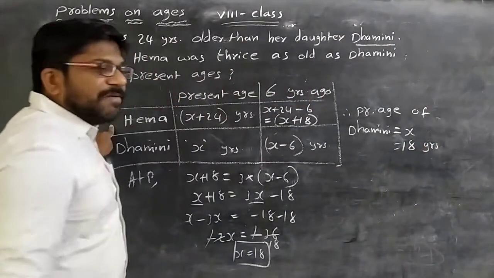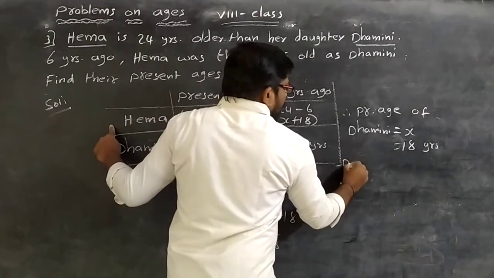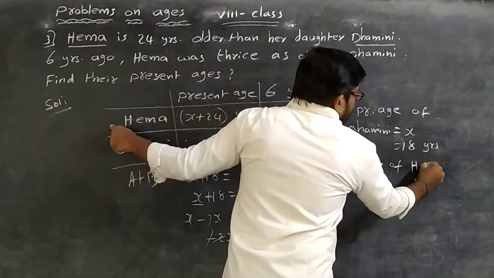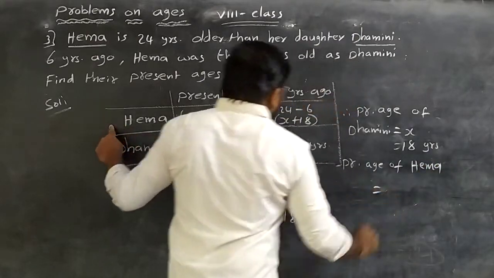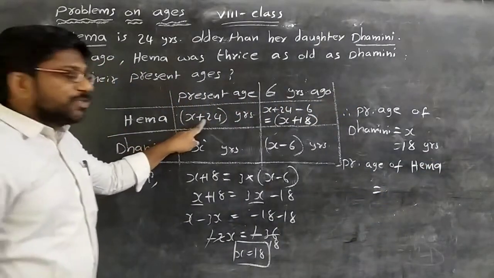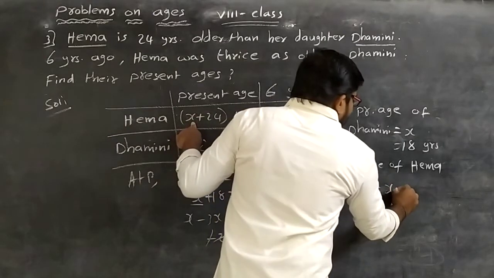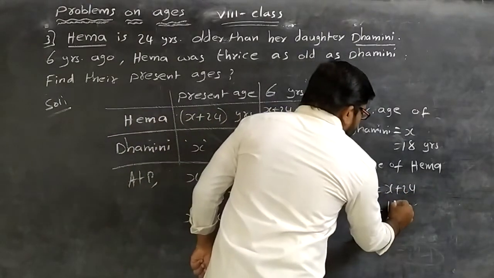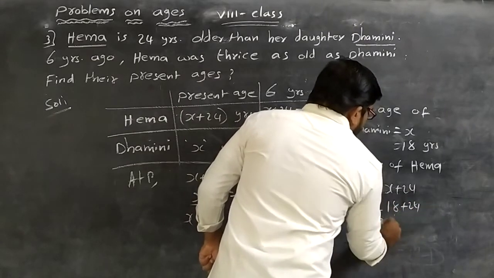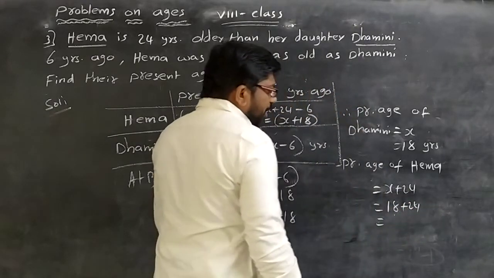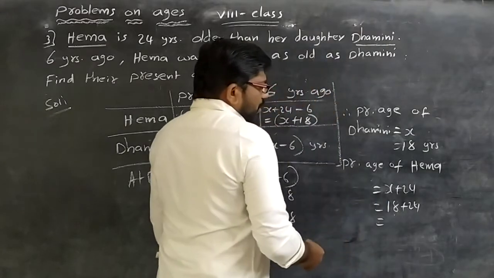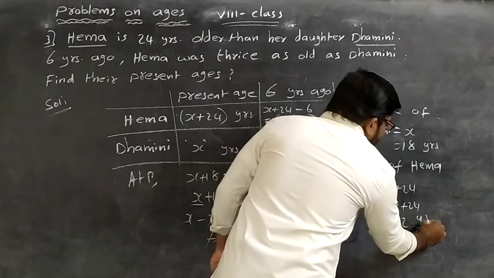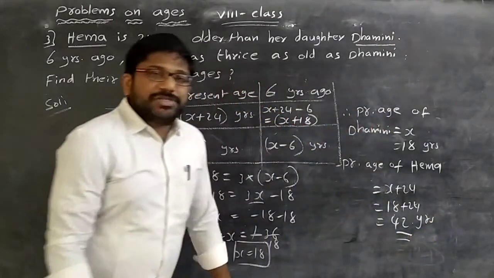And the present age of Hema is x plus 24, that is equal to, we know the x value, 18 plus 24. 18 plus 24, 42 years. Right?